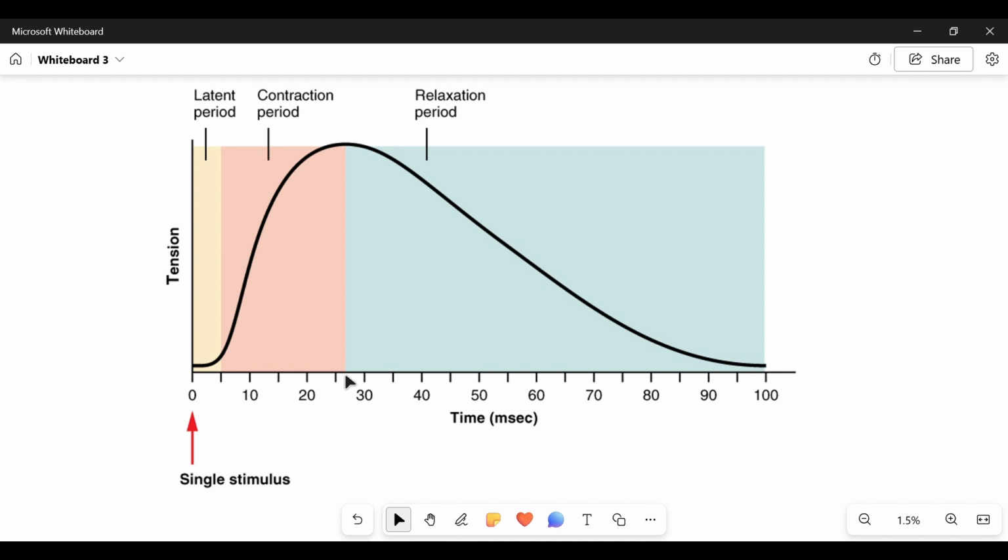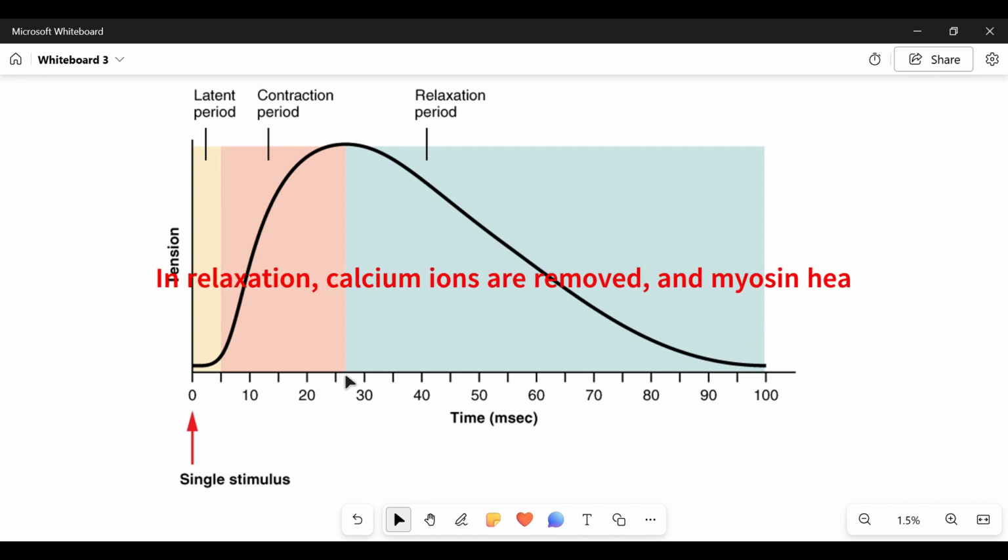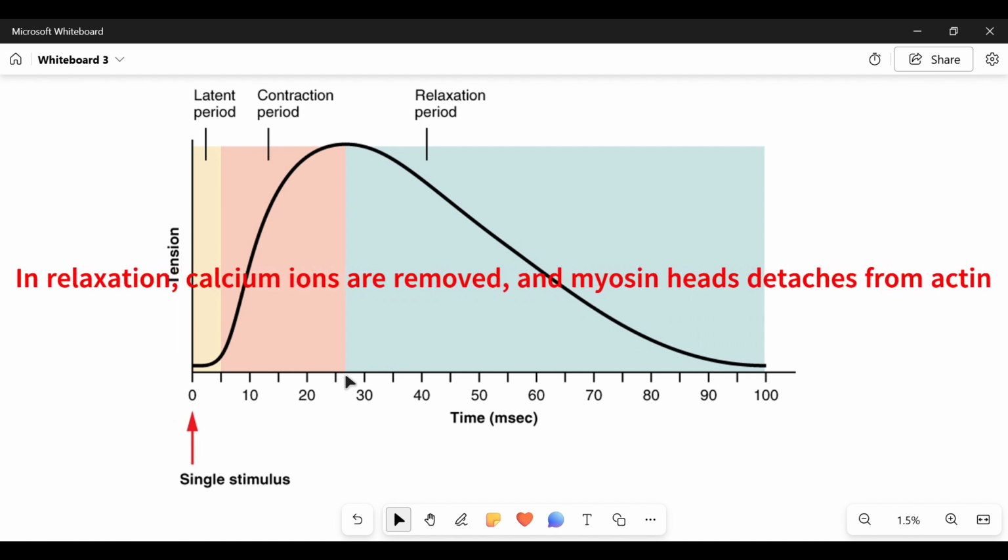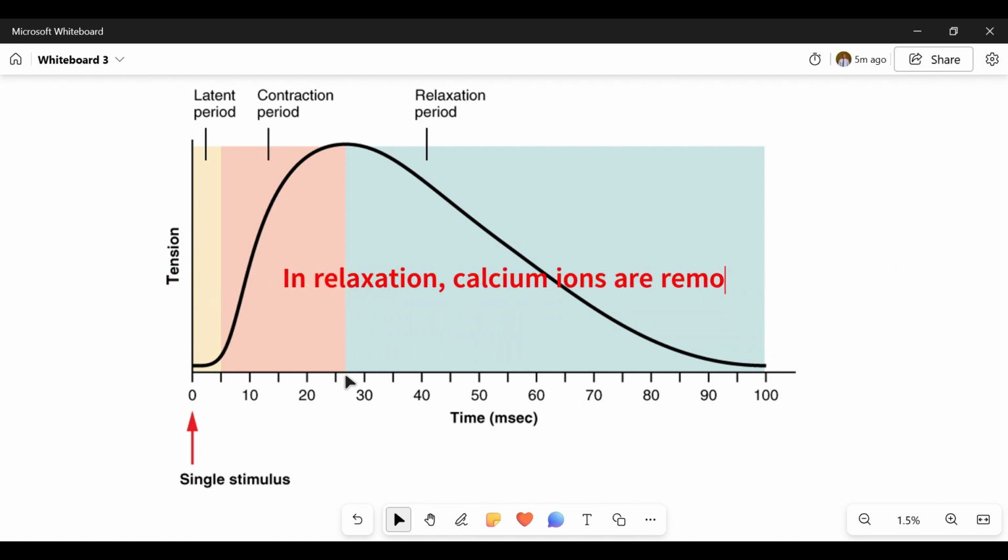So in relaxation, immediately calcium ion levels will drop, which will cause the reuptake of calcium ions back to the extracellular fluid and also back to the sarcoplasmic reticulum using a calcium ATPase pump. Once calcium ions are taken up, tropomyosin would go back to its position, blocking the active binding site on the actin.